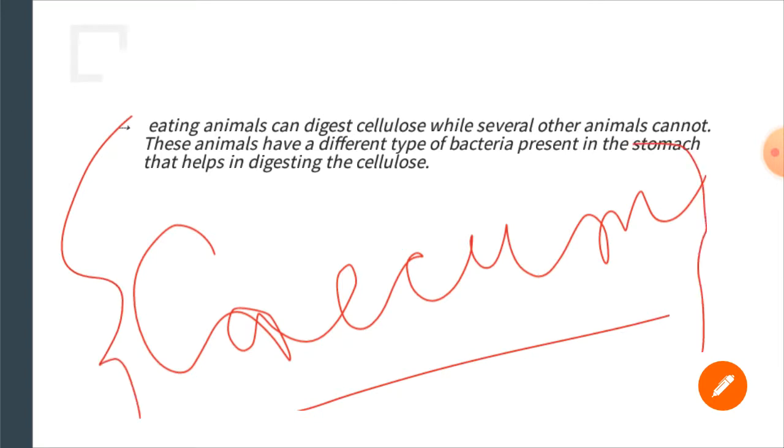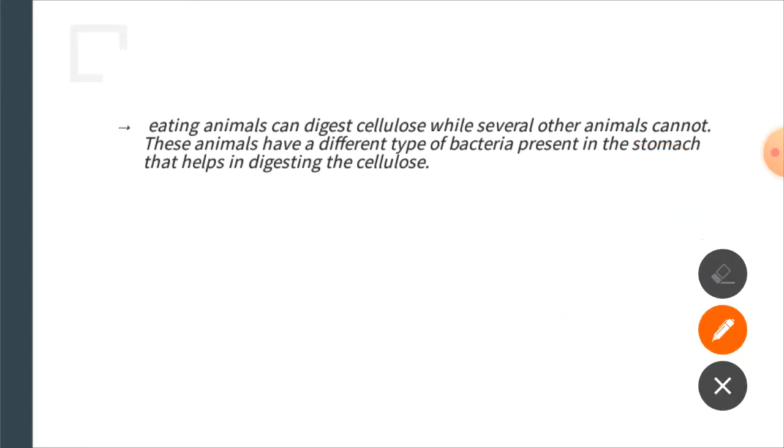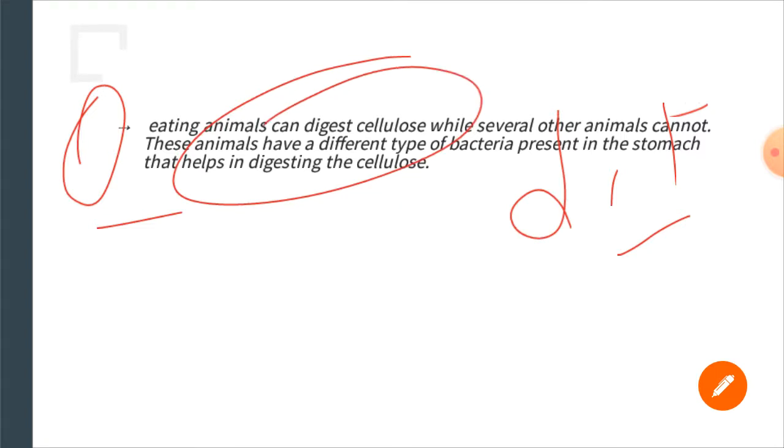A large sac-like structure is there which is known as the cecum, which is between the esophagus and small intestine, SI for small intestine, O for esophagus. So it is between them, just like our stomach is between the esophagus and small intestine. So the cellulose of the food is digested by the action of certain bacteria which are not present in humans.